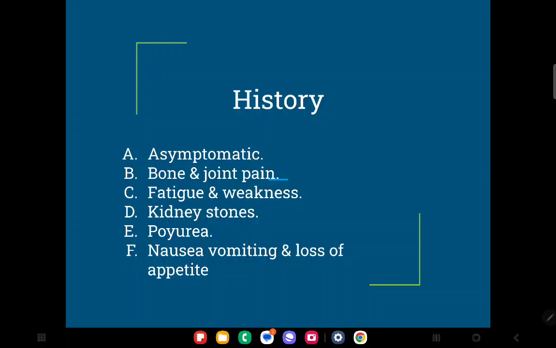But if the level of calcium is increasing, then it will have general symptoms like fatigue, bone pain, joint pain, weakness, kidney stones, polyuria, abdominal pain, nausea and vomiting, and loss of appetite. These symptoms are sometimes vague, but it can be diagnosed early by doing the biochemical testing of the parathyroid.